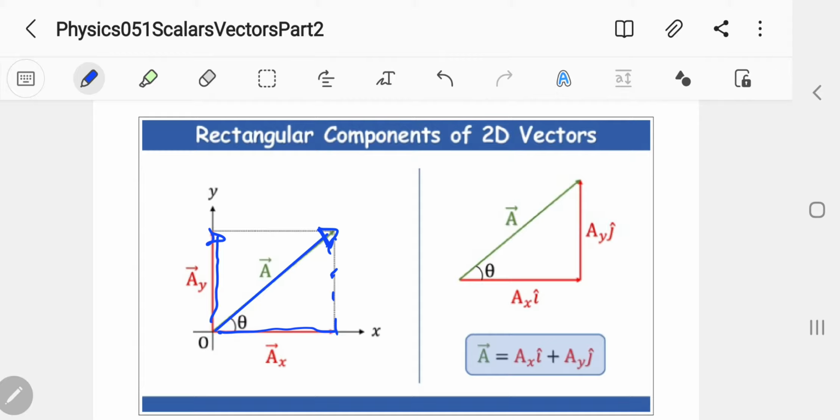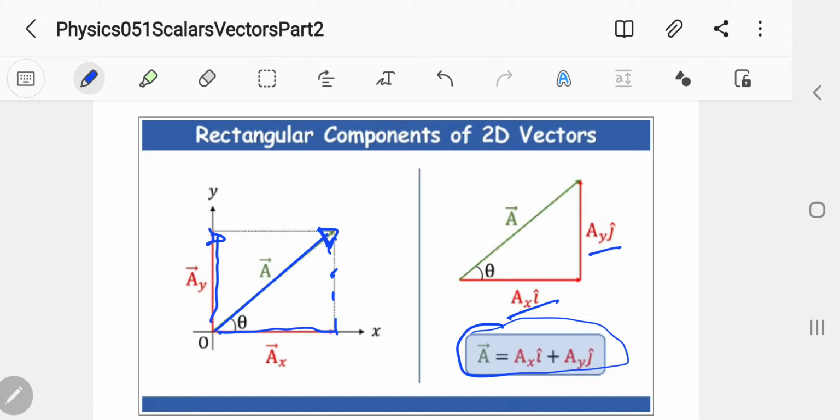So both AX and AY are positive because they are projected on the positive x-axis and the positive y-axis. So you have AYJ and AXI. So you can write A in terms of AX and AY and the I and J unit vectors.